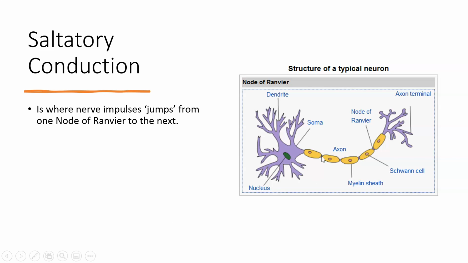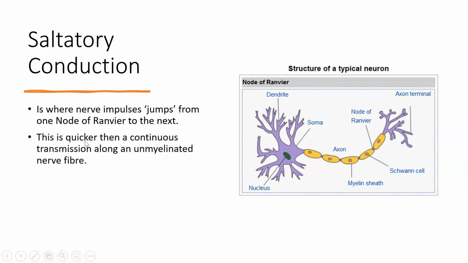So we've got our nodes of Ranvier here and here, and we've got this conduction between them. This is quicker than a continuous transmission along unmyelinated nerve fibers. If you just had nerve fibers with no myelination, it would be a slower transmission rather than impulses jumping from one node of Ranvier to the next.